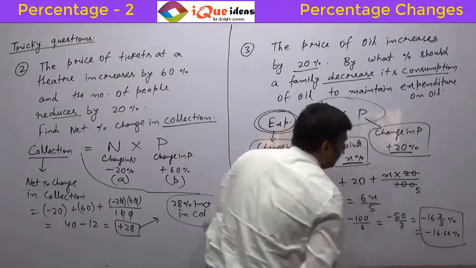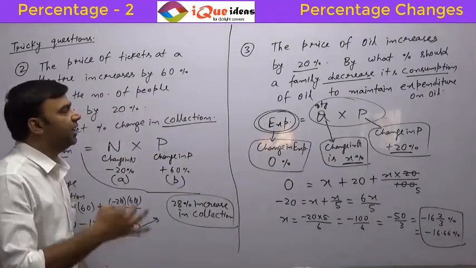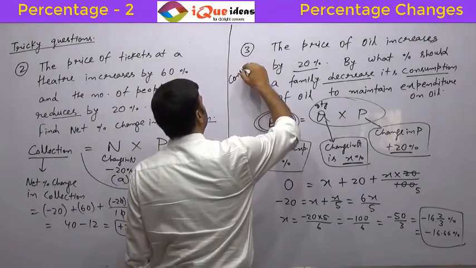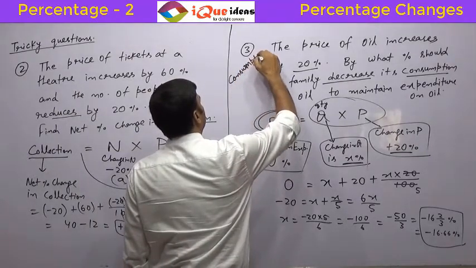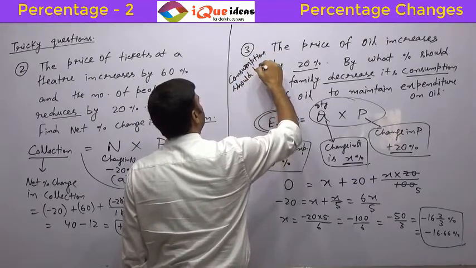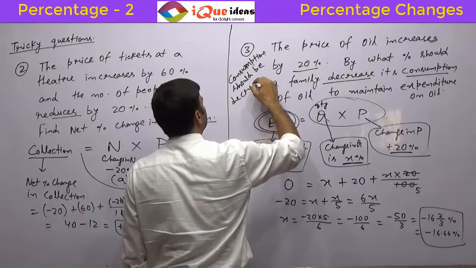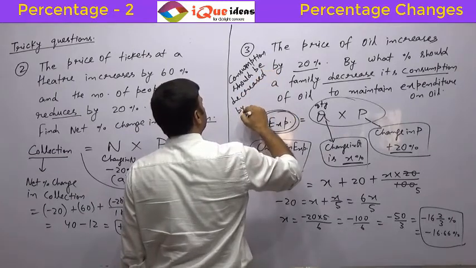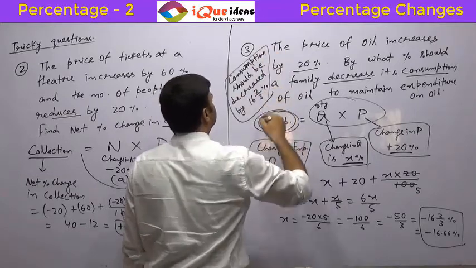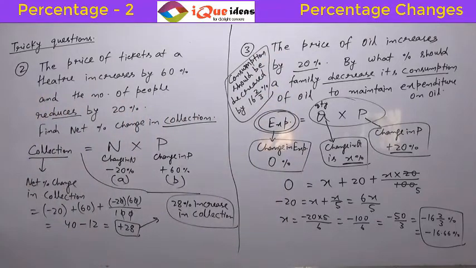So it has automatically come negative. That means that the consumption has to be reduced. Right? So we can say that consumption should be decreased by 16 2 by 3% or 16.66%. That is the answer of that question.